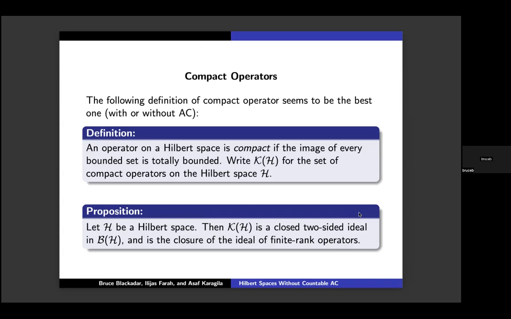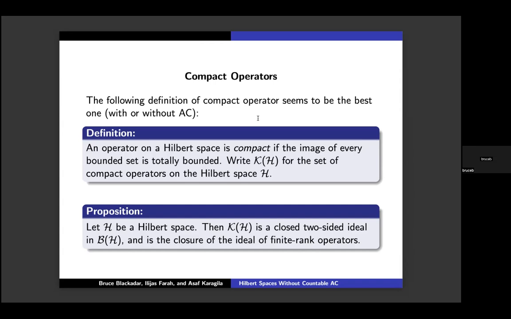So we have to decide which one we should take. And we decided on this definition as the best one, and I think it's maybe the best one even if you assume the AC. We say that an operator on a Hilbert space is compact if the image of every bounded set is totally bounded.